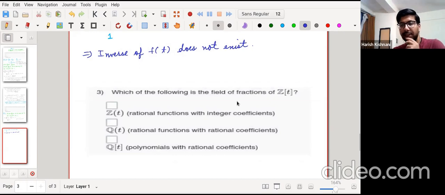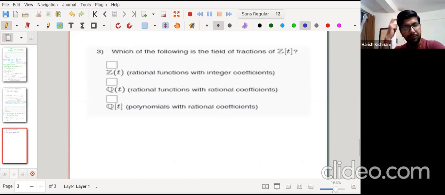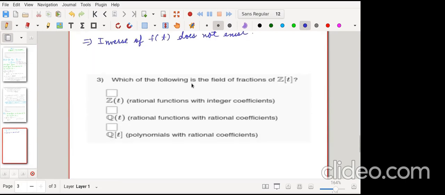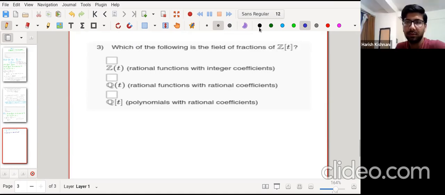Let's deal with these assigned questions. Okay. So this is the third question: which of the following is the field of fractions of this polynomial ring? I hope you know field of fractions. Yes sir. Okay. Just for the sake of recalling, I can write its definition again.